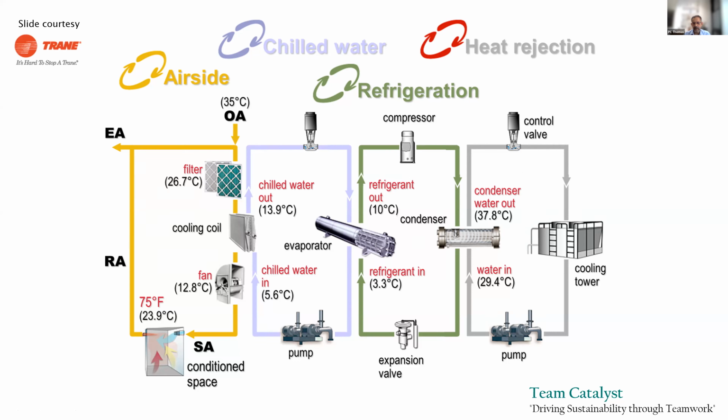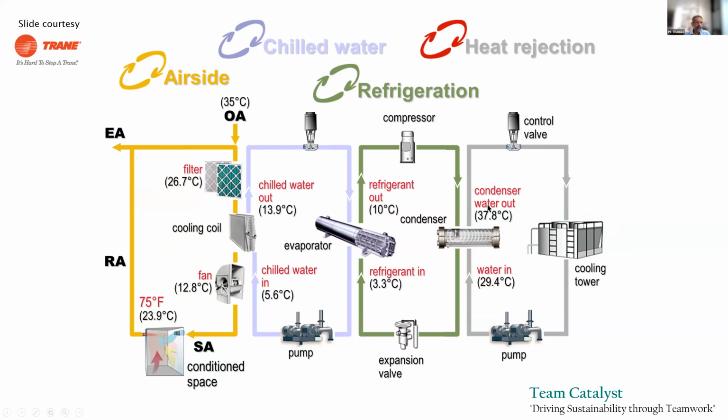That's why water-cooled chillers are more efficient. You have a cooling tower, which is like a big shower. You spray water from the top, and as you spray, some of it evaporates, and when it evaporates, it cools the rest of the water, and that cooler water is used to cool the chiller down.